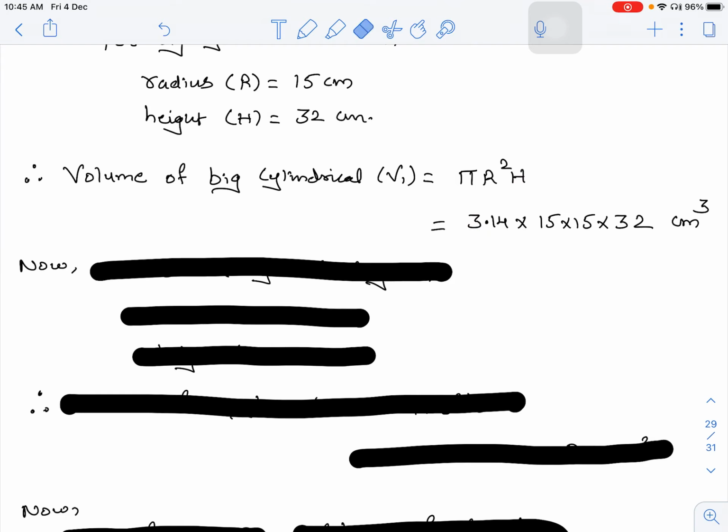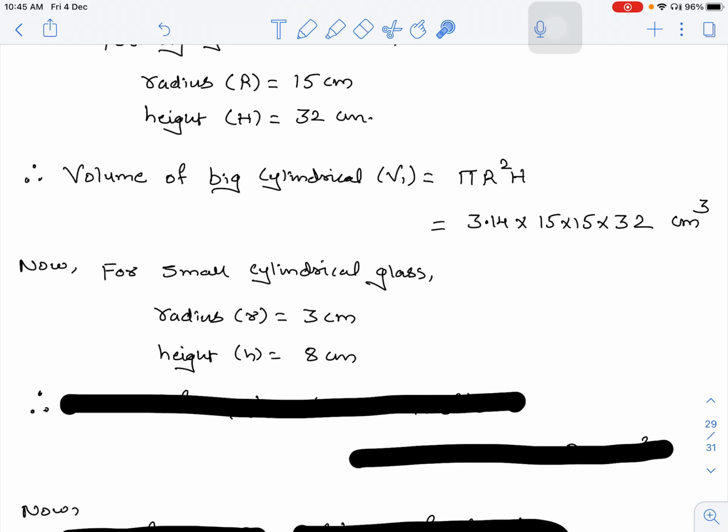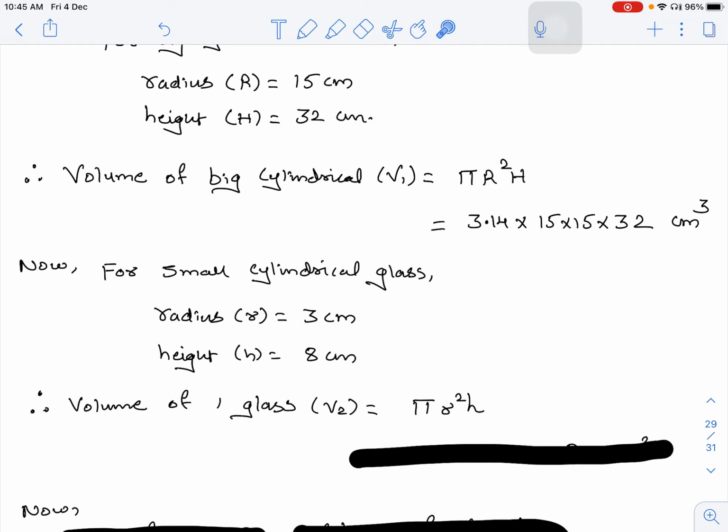Now for each small cylindrical glass, the dimensions are radius 3 centimeter, height 8 centimeter. So volume of one glass will be V2 given by pi small r square h. Its value will be, again, pi 3.14 into r is 3 centimeter, so 3 into 3, h is 8 centimeter, so into 8.